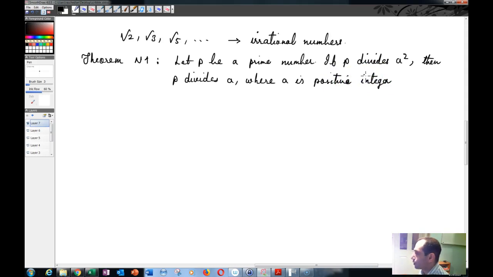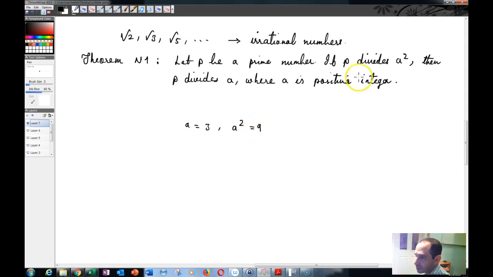Okay, so basically what that means is that if P is a prime number, when we say P divides A squared, it means that A squared is divisible by P. For example, let's take A as 3. If A is equal to 3, then A squared is equal to 9.